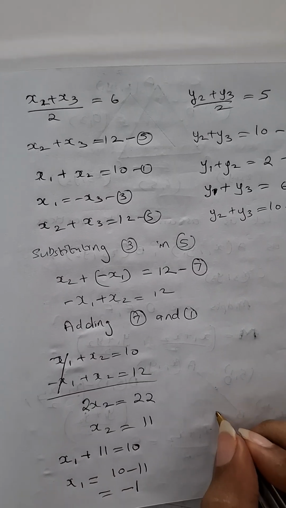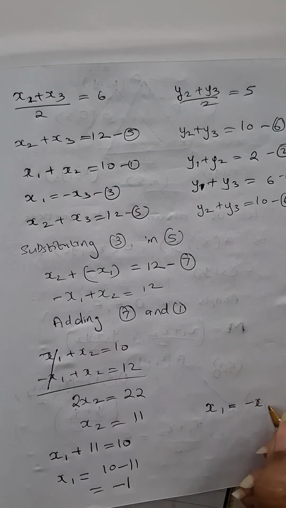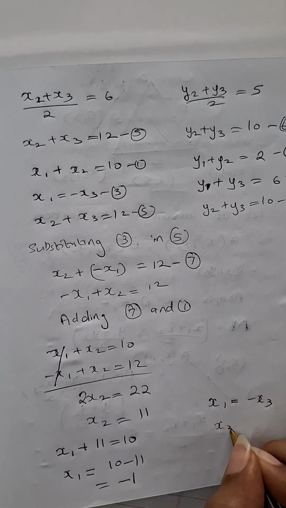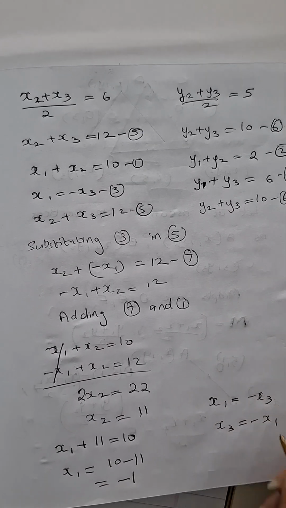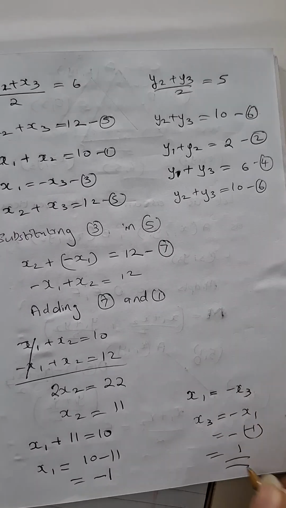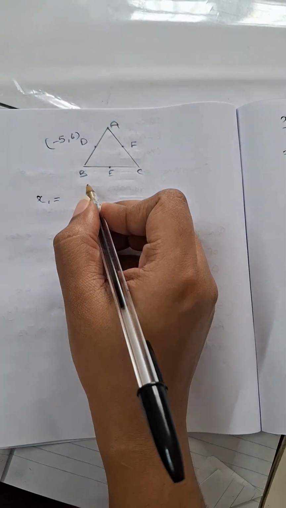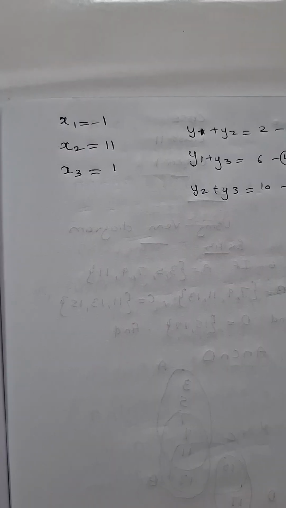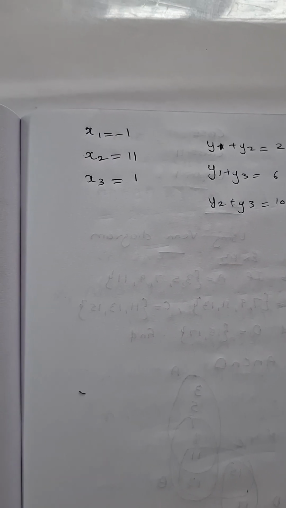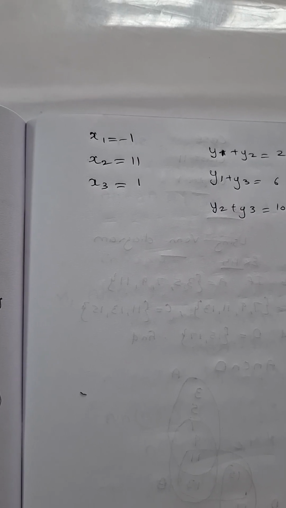If x1 is minus 1, then x3 will be minus x1, right? So minus of minus 1, that is 1. So we got the values of x1, x2 and x3, and they are written.